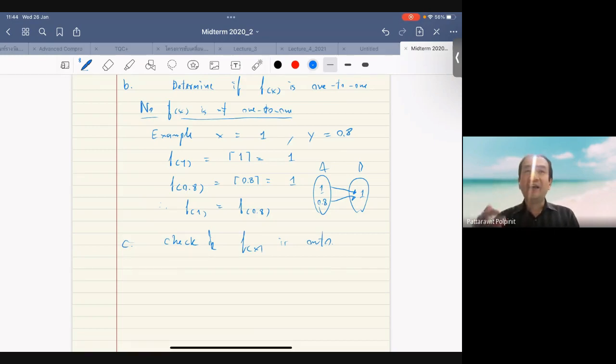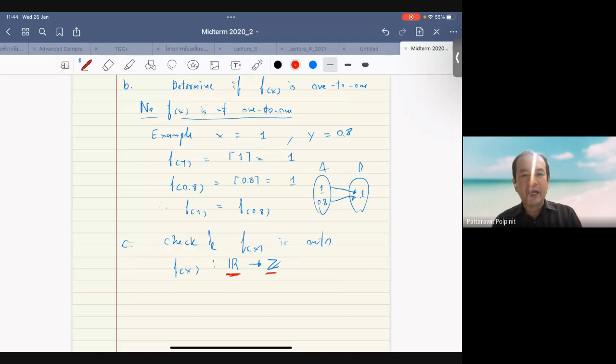If we want to check that f is not one to one, we have to find two inputs that give one same result. For onto, we have to find one output that you cannot find any input that can produce. Remember that f of x is a function from the real numbers to the integers.